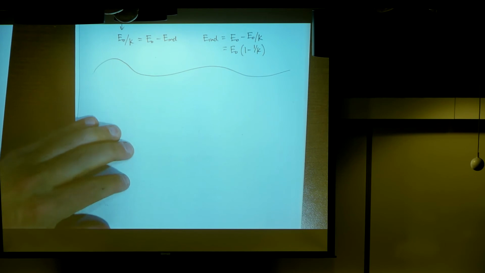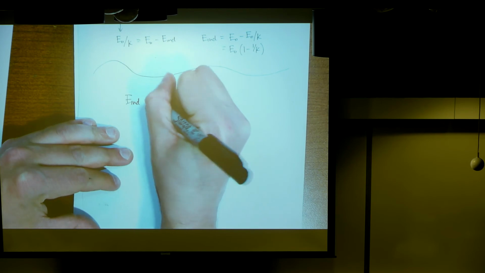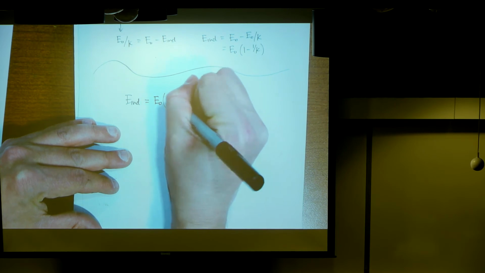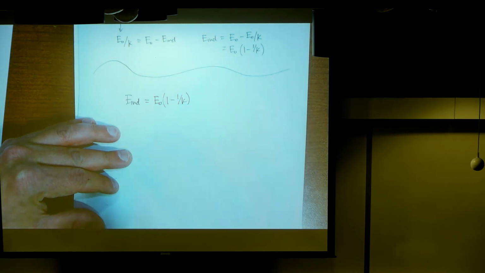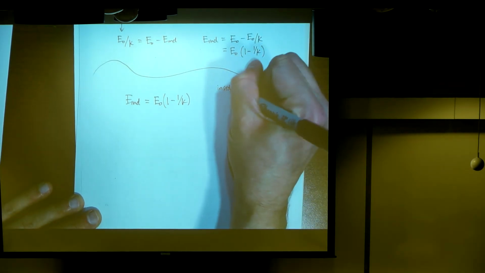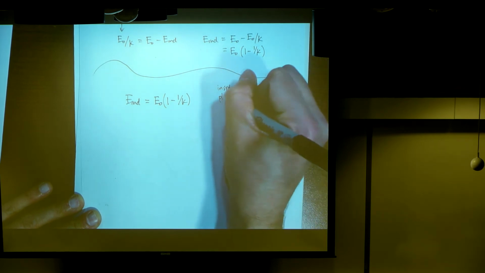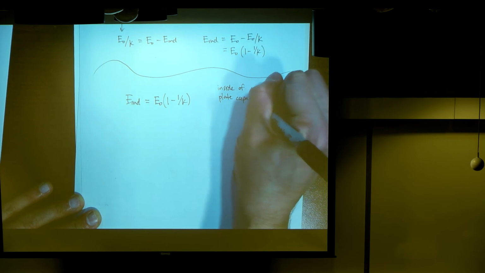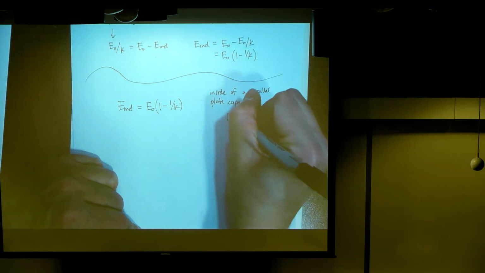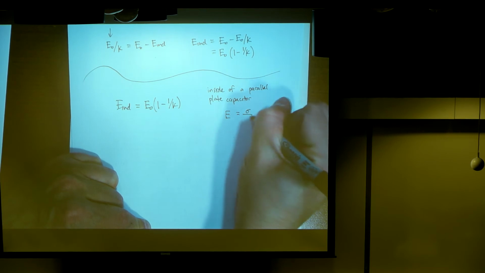Quick derivation. We already saw that the E field induced is equal to the E field just due to the charges on the plates times 1 minus 1 over K. I want to remind you that inside of a parallel plate capacitor, the E field is given by sigma divided by epsilon naught.